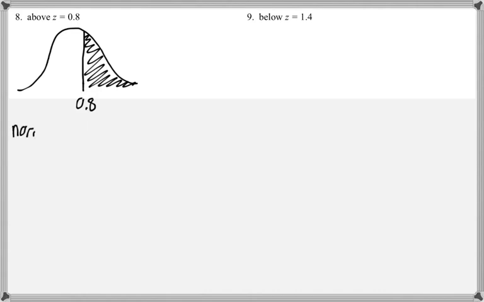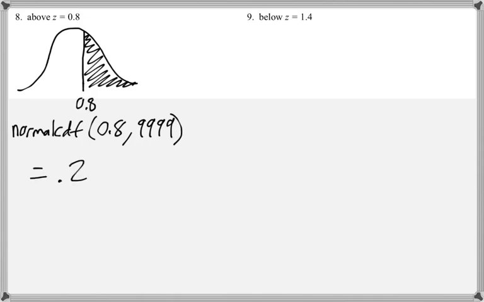So I'm going to type in normal CDF 0.8 and then 9,999 for infinity. So if you type this into the calculator, you get 0.2119, which is 21.19%.